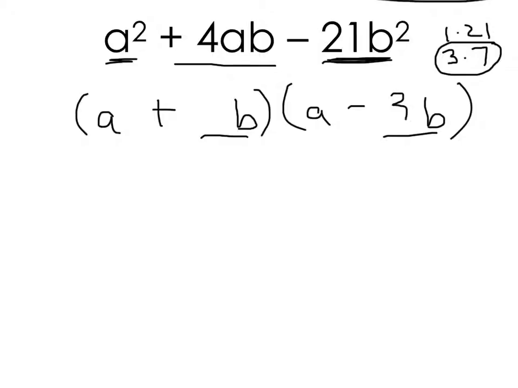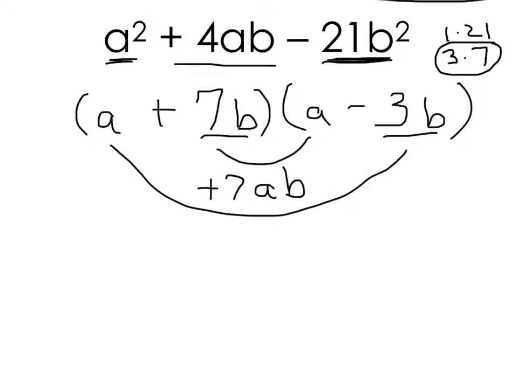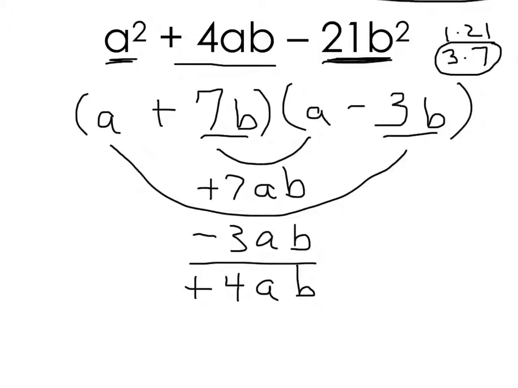We need negative 3b, positive 7b. That gives us positive 7ab on the inside. It gives us negative 3ab on the outside, which gives us our middle term that we're looking for of plus 4ab. And that's our answer.